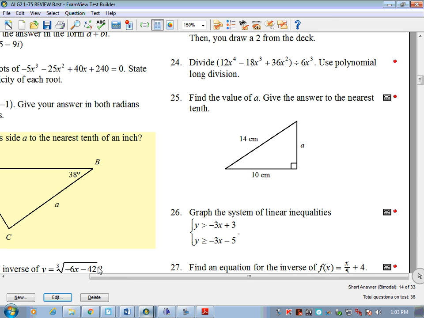Anybody know? I think we're making this way more difficult than it needs to be. Pythagorean theorem, right? a squared plus b squared equals c squared. Now tell me, how am I going to use this information?